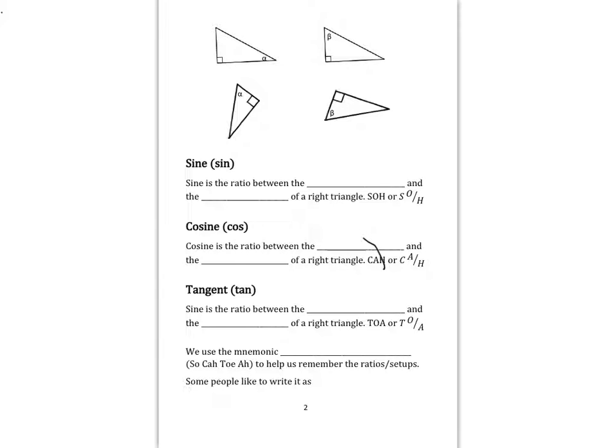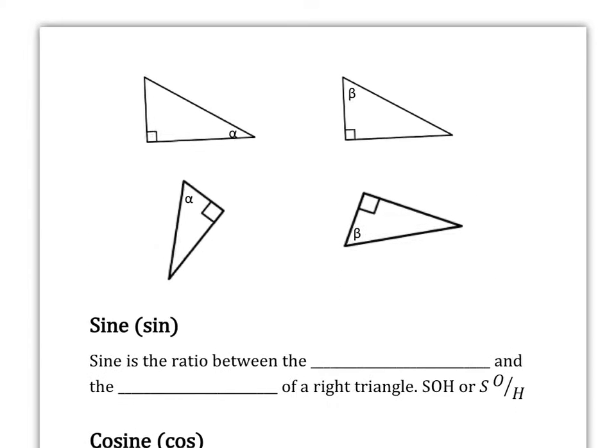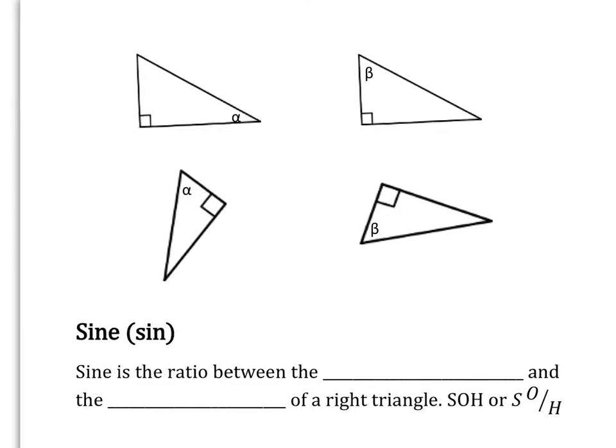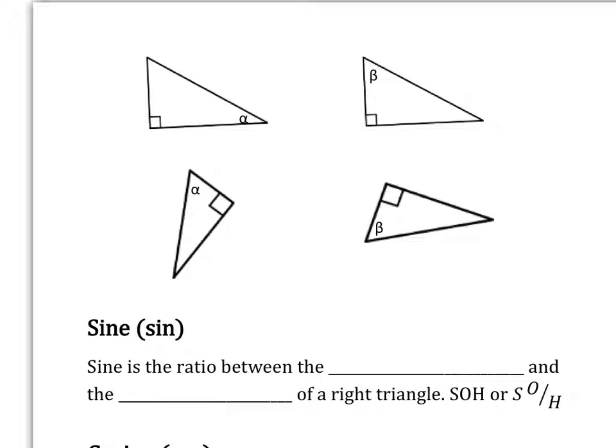So let's practice doing some labeling of our sides. Okay. So I have these four triangles. The first thing I always do is circle the angle we're referencing. That helps me to see where I'm looking from.